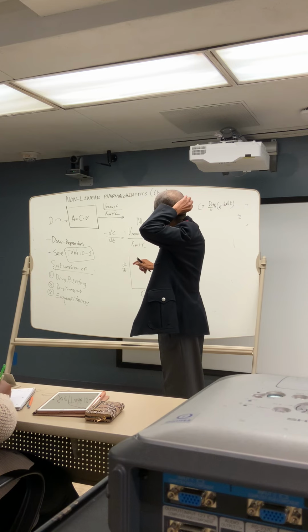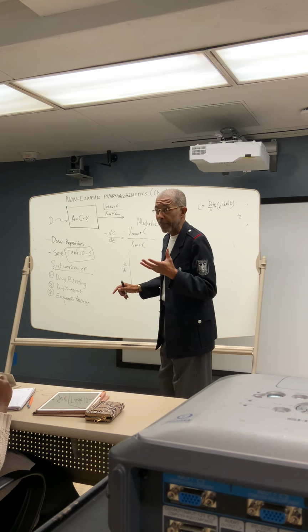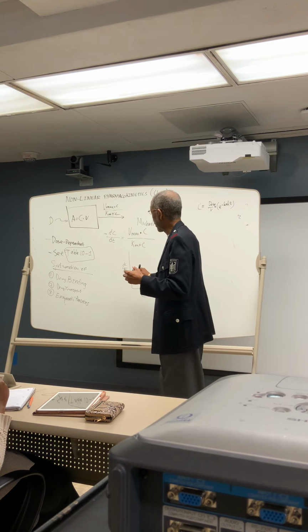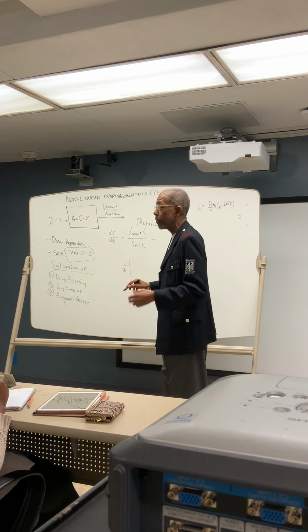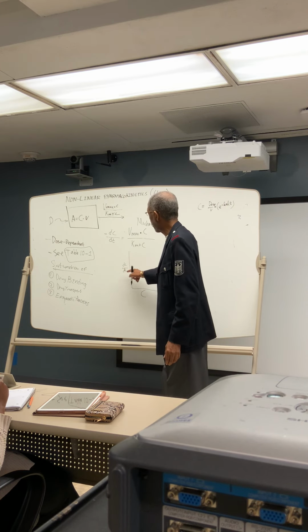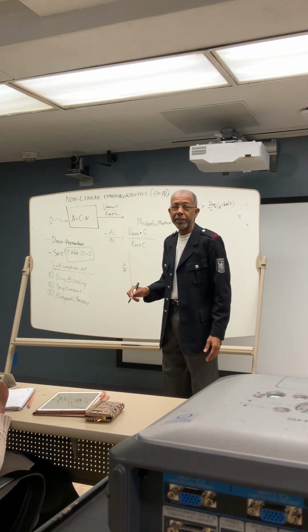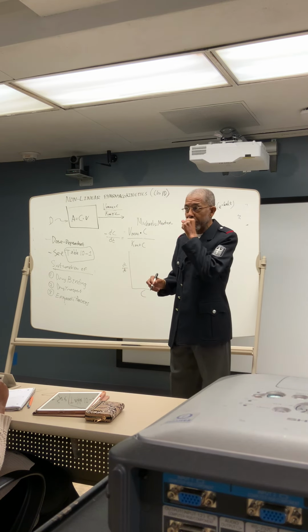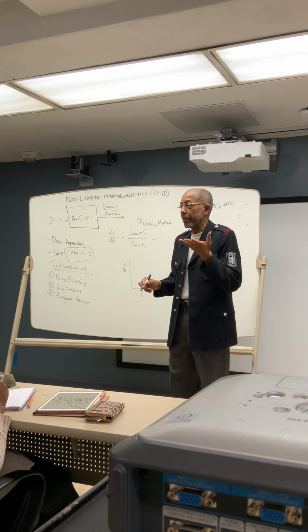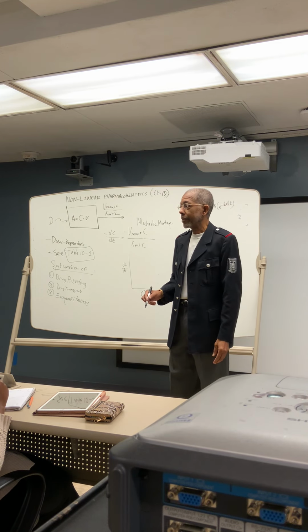I don't want to say a linear plot, I want to say linear graph paper, because what I'm going to show you is not going to be a straight line. Anybody remember how that's going to look? What's that going to look like if we look at rate versus concentration? Can anybody remember what that graph looks like on rectilinear paper? Anybody? I know you've seen it. I already know you've seen it before.